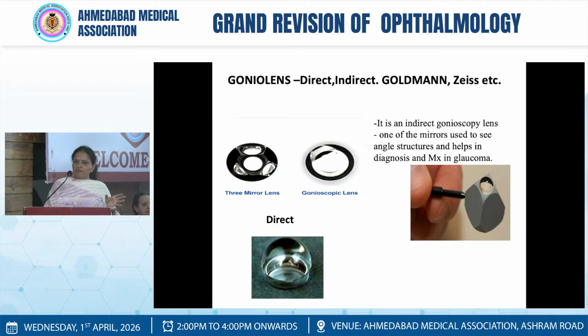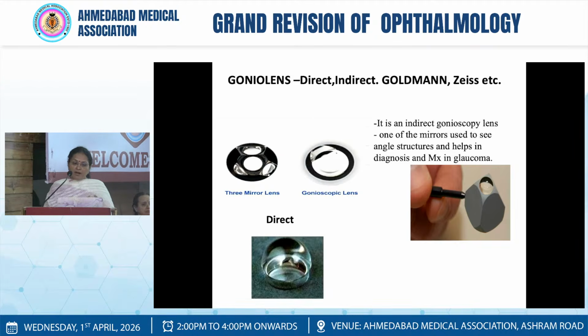There are different types of gonio lens. You should know 2 mirror, 3 mirror and 4 mirror gonio lens. And there are indirect gonio lenses and direct gonio lenses as well. With the indirect gonio lenses, we have to see whether the anterior chamber angle is open, closed, narrow, any foreign body, malignancy in every patient.